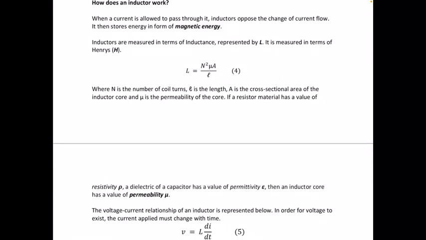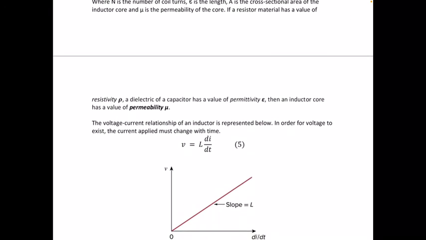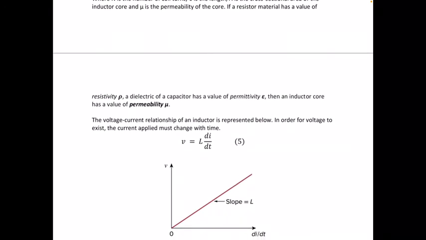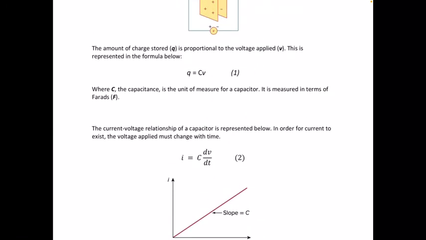So the voltage current relationship, which the capacitor also has and the inductor also has, is represented in this diagram. In order for voltage to exist, the current applied must also change with time. So if we recall from capacitor, in order for current to exist, the voltage applied must change with time.